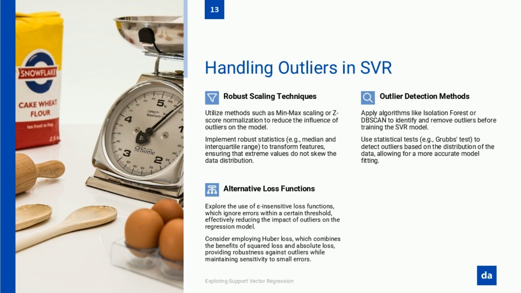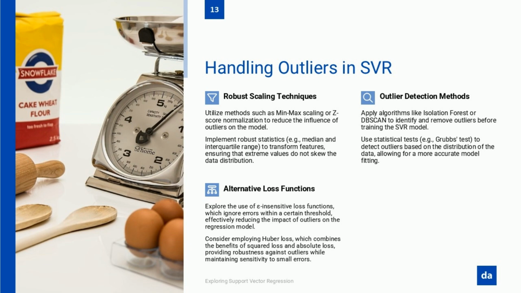Ignoring them can lead to inaccurate predictions, while overreacting by removing too many points can result in lost information. The key is finding the right balance: detecting outliers effectively, deciding whether to remove or transform them, and fine-tuning the model's parameters accordingly.